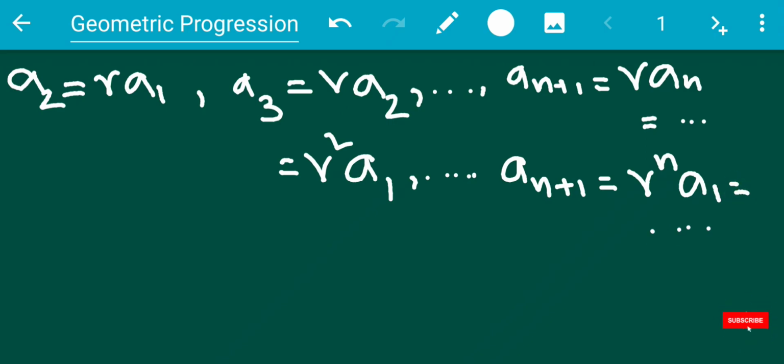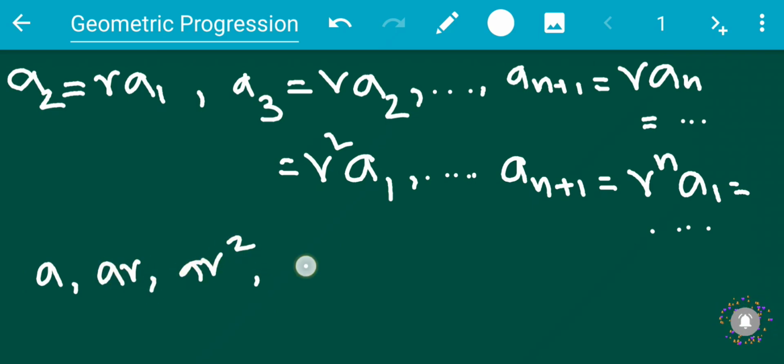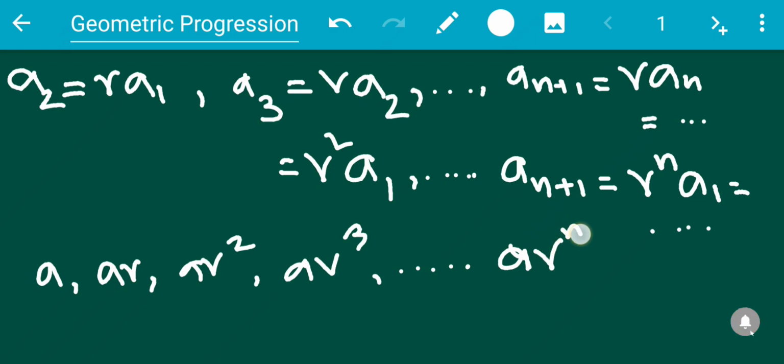So ultimately any sequence which can be written in the form a, ar, ar square, ar cube, and ar to the power n minus 1, then this sequence is in GP clearly.